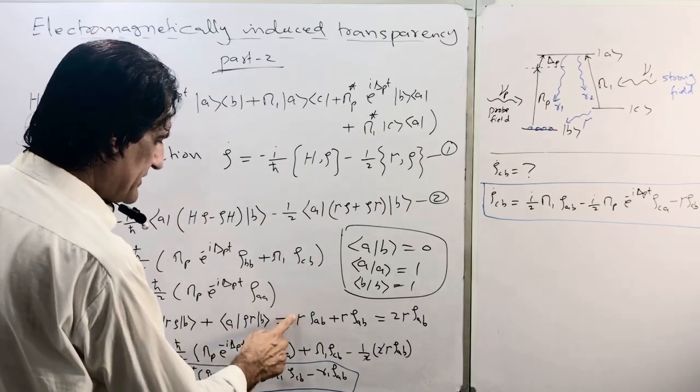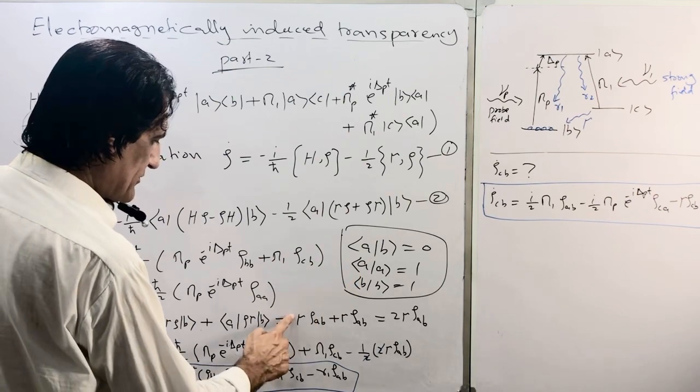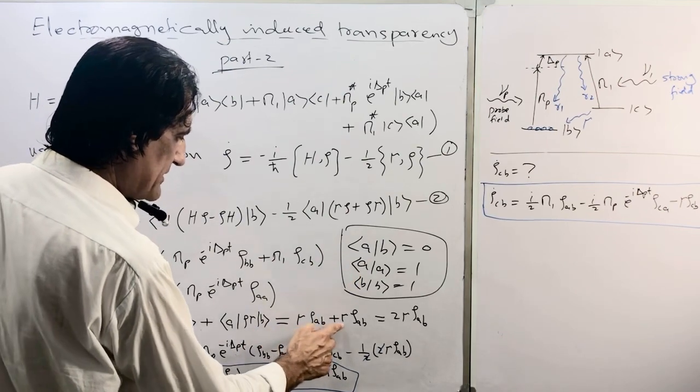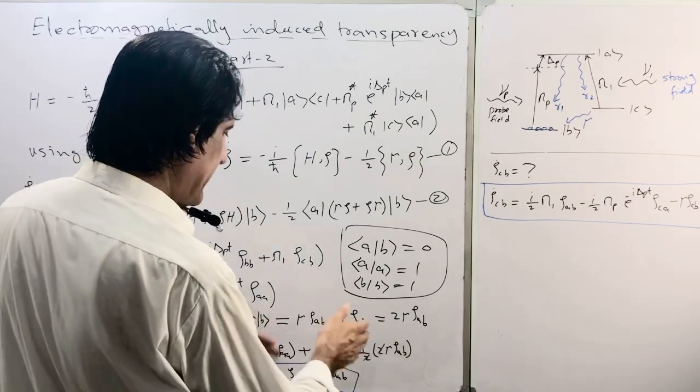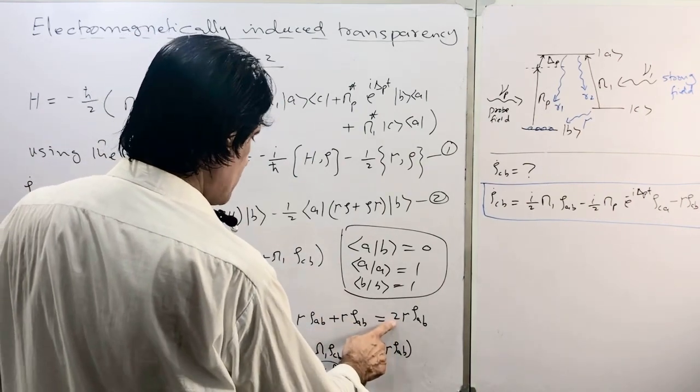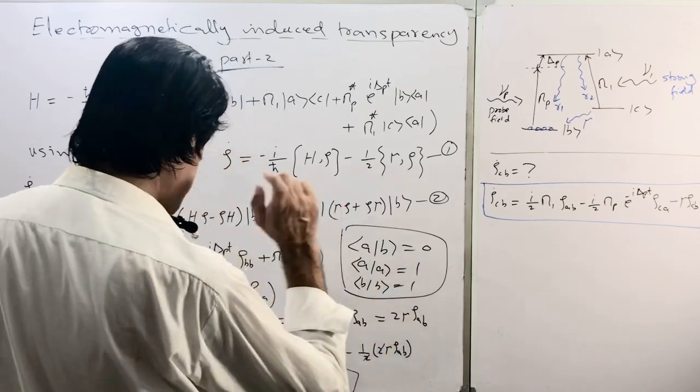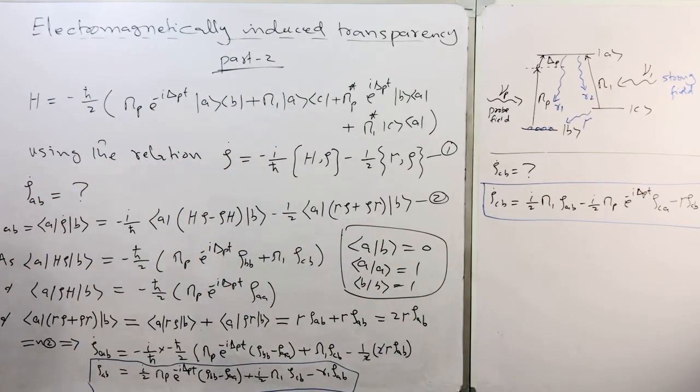So I have considered this as a journal one. So gamma rho AB plus gamma rho AB, and if we add this, it will come 2 gamma rho AB.